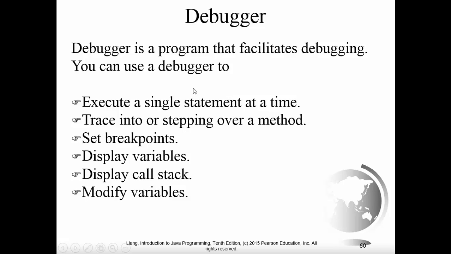Some things that debuggers allow us to do are execute our code a statement at a time, trace into or step over a method so that we can see what we have before and after we execute it, set breakpoints so that we can stop at specific spots in our code and evaluate what we have going on, look at the value of variables, display those variables, display what's going on in the system. We can sometimes even modify variable data values and continue executing our program to determine what happens with those new values entered.